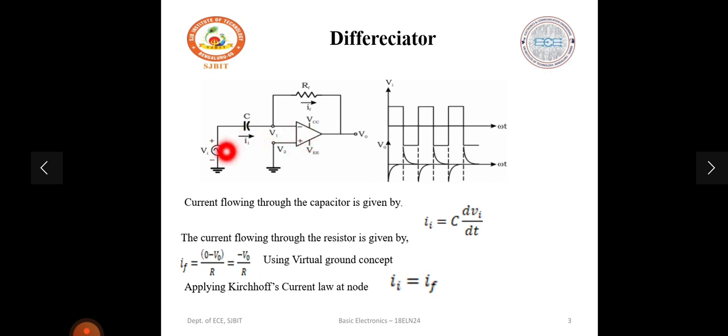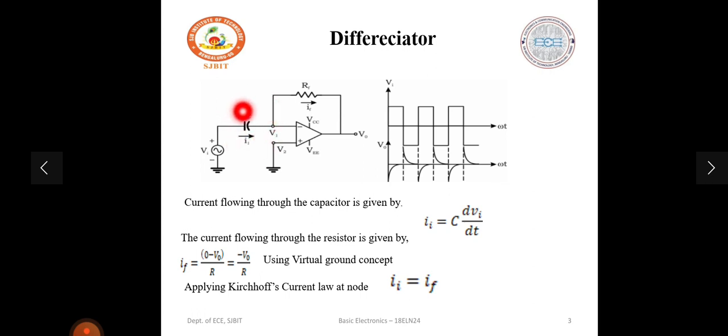In the integrator, our feedback element was replaced with a capacitor, but in our differentiator we keep the feedback resistance as it is, and the capacitor is placed in the position of the series resistance.